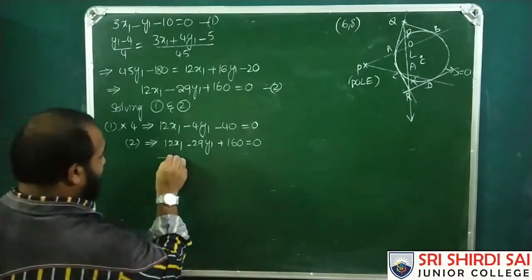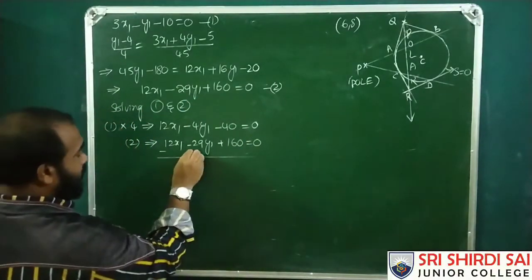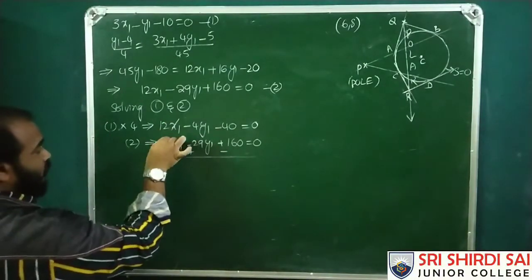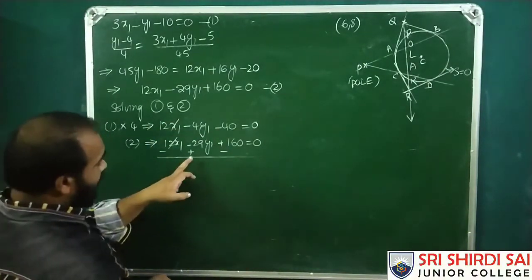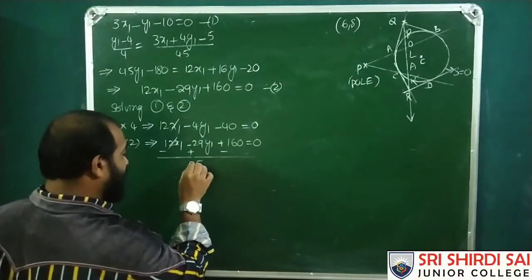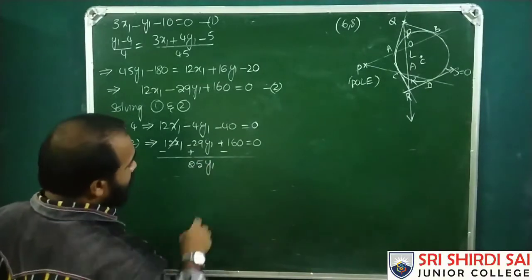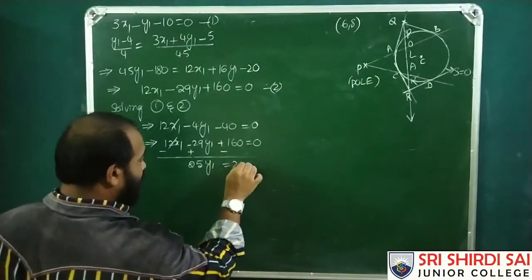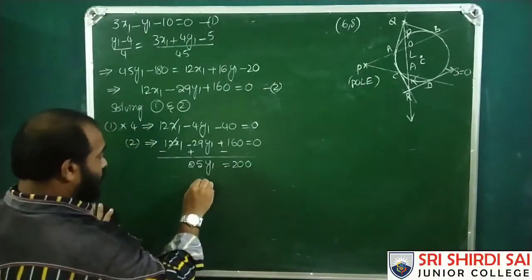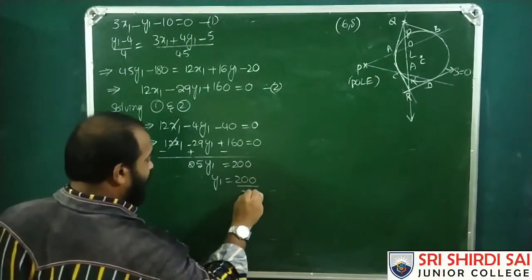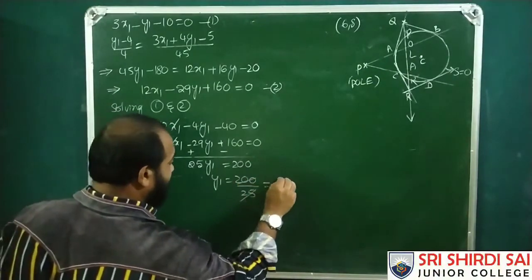So I am subtracting, minus plus minus. So 12x1 gets cancelled, plus 29y1 minus 4y1, plus 25y1, minus 160 minus 40, minus 200, that is equal to plus 200. So therefore y1 equals to 200 by 25, which is 8.